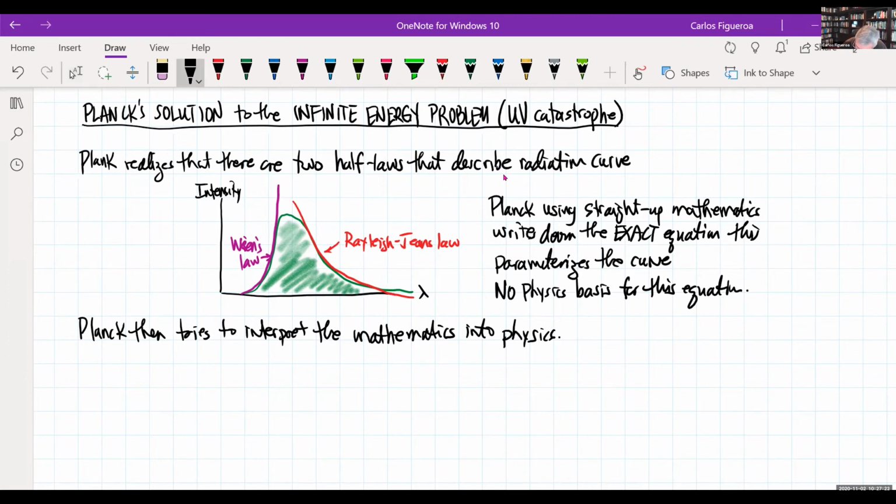So then he boldly guesses two important points. Okay, the first one is now known as energy is quantized.